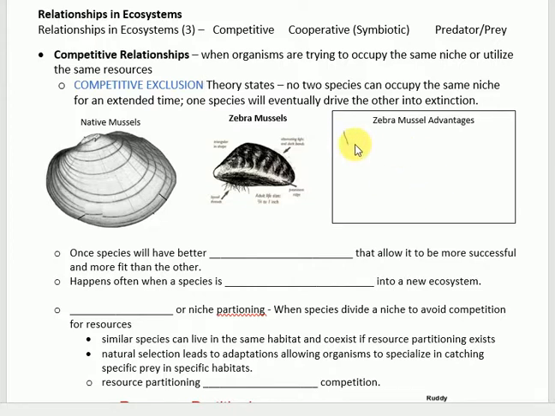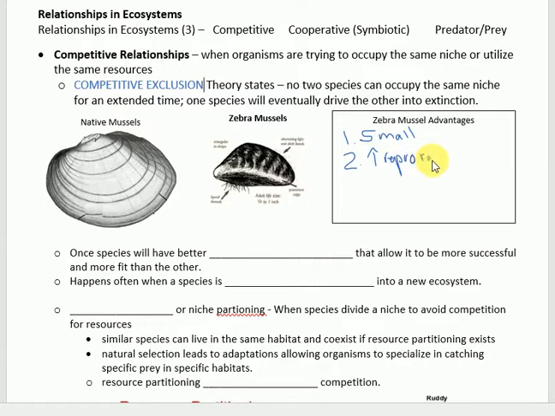So first, they are smaller, which means that they could get into smaller areas and they weren't as readily visible. Second, they have a very fast and very high reproductive rate.